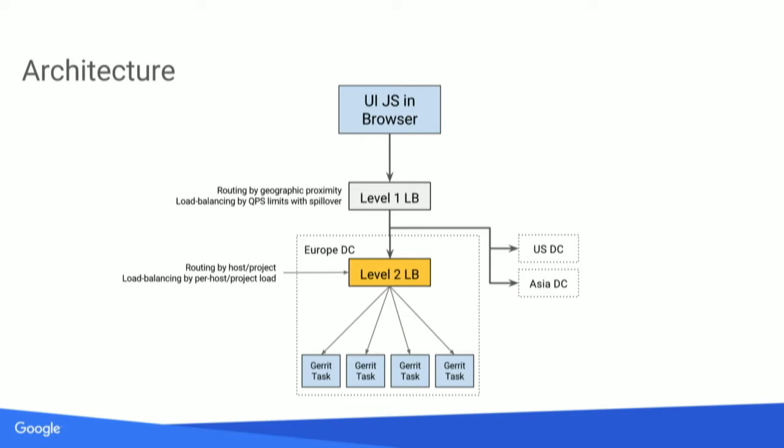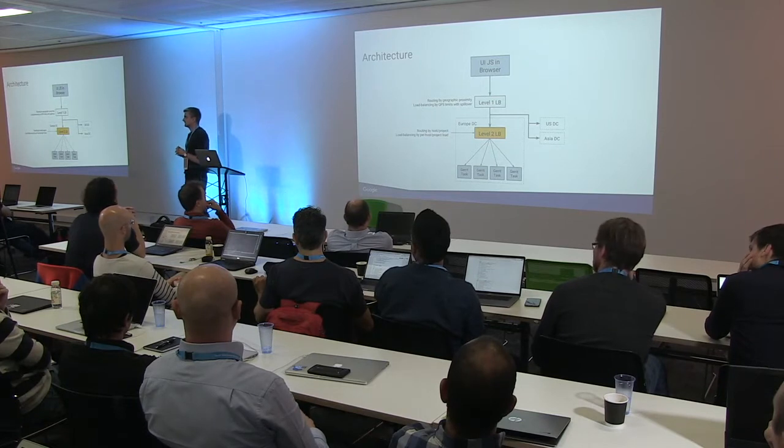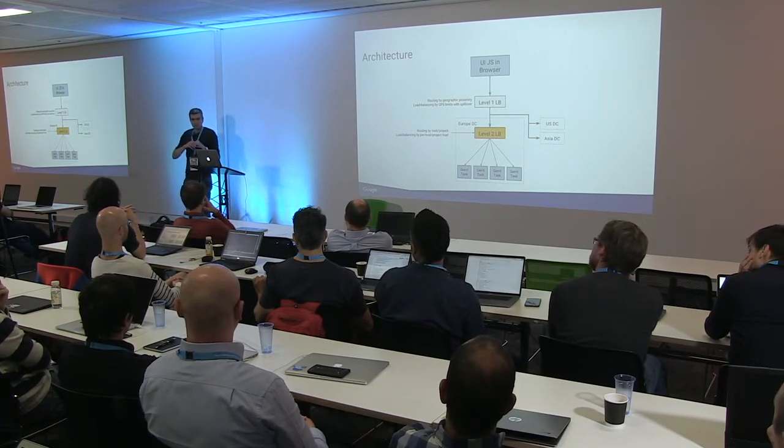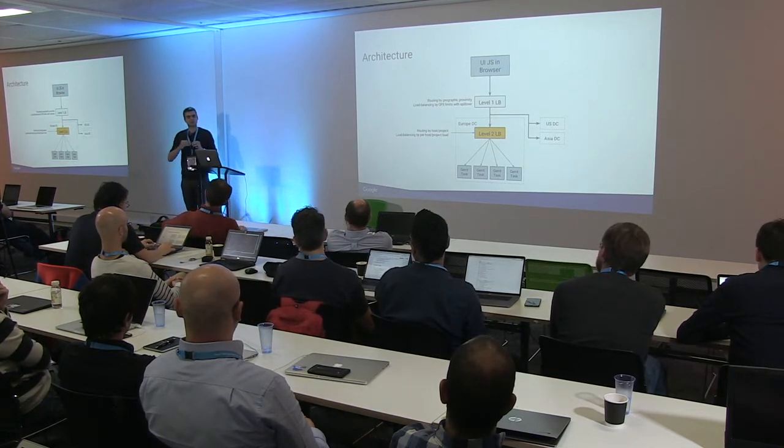And the first thing their JSON request is hitting is a level 1 load balancer. What that is doing is it's routing your request by geographic proximity. So we have 5 data centers at Google, and it just picks the one where the latency on the request to be received at the data center is the lowest.